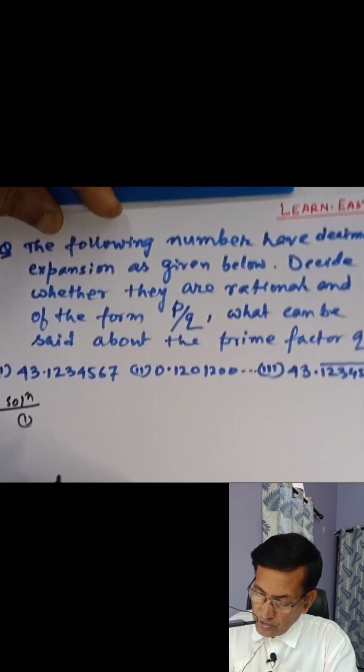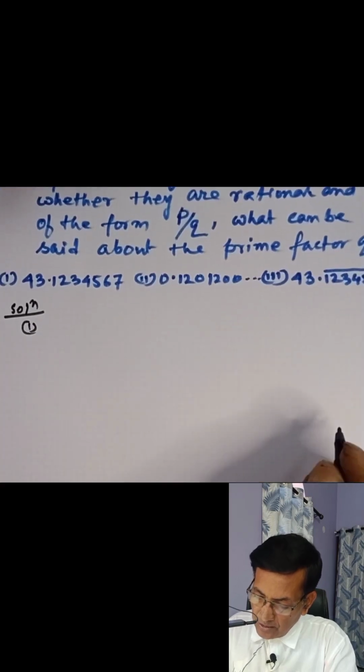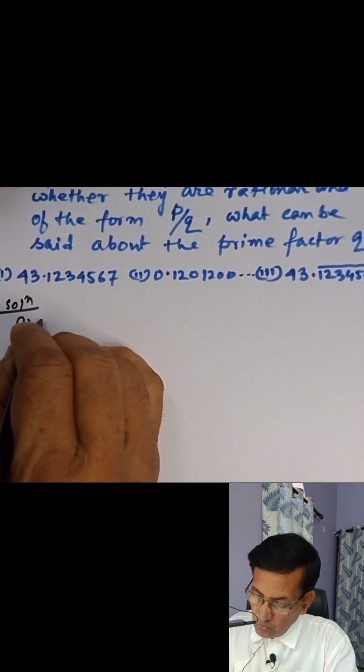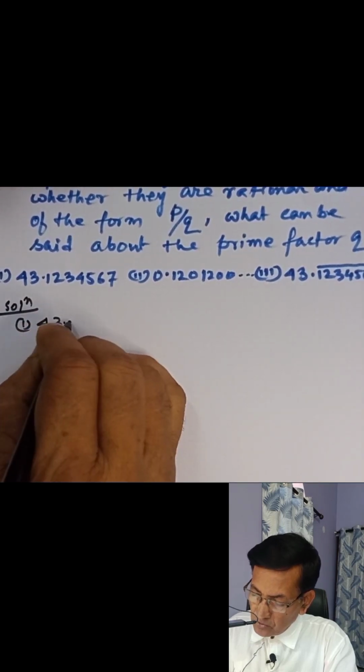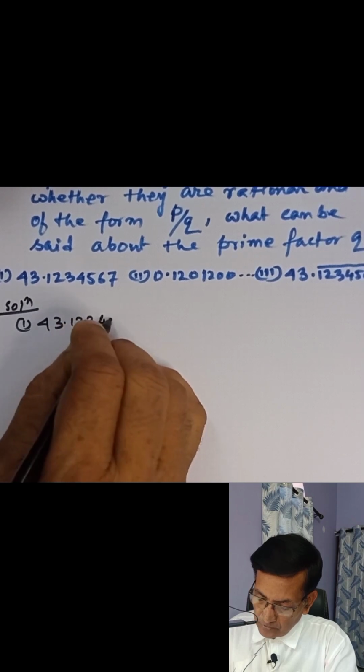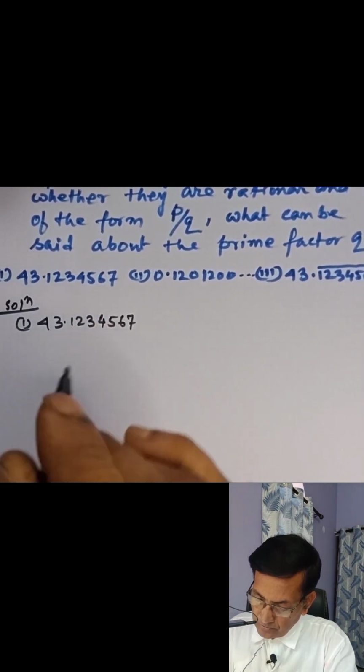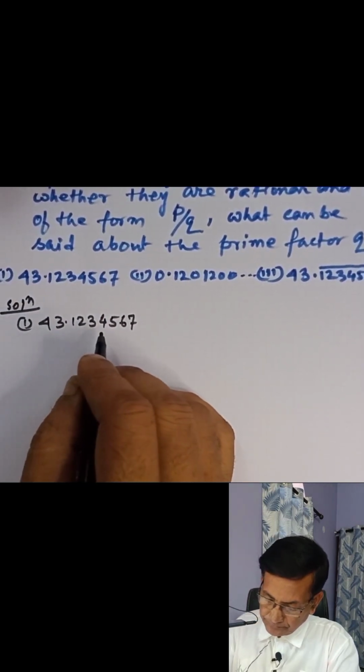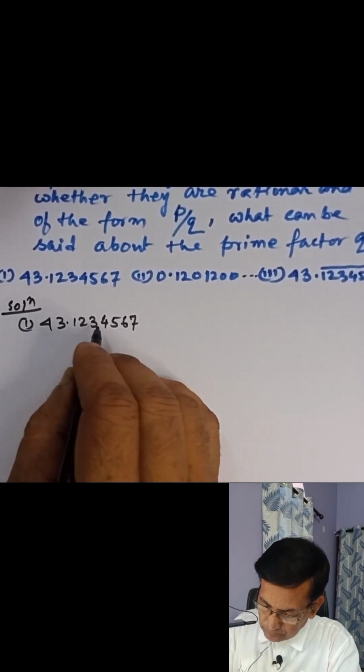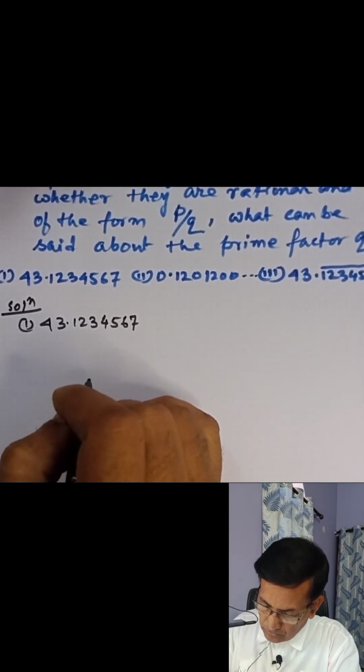Solution will be 43.123456789. If we examine the number, we will see that it is a terminating decimal.